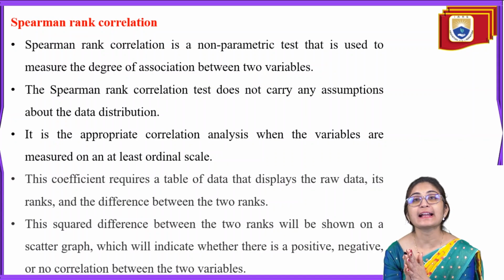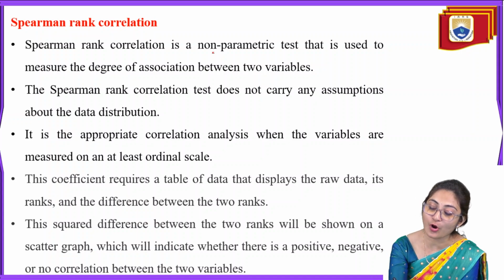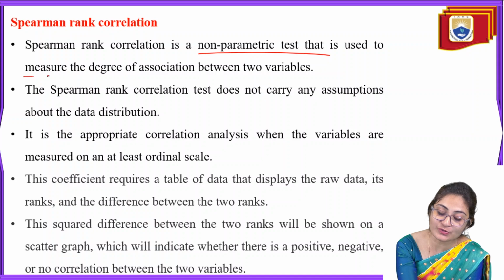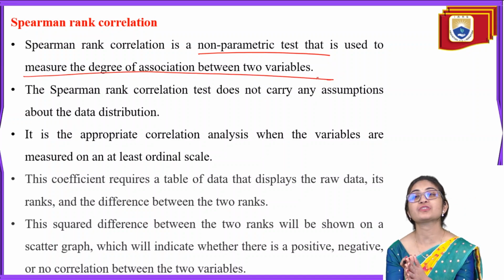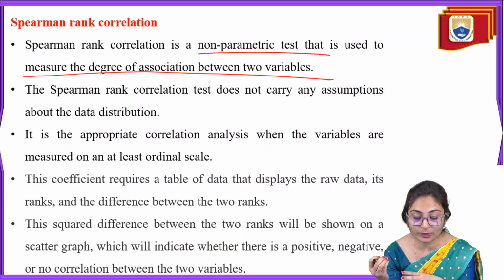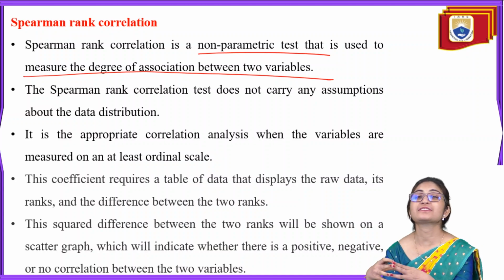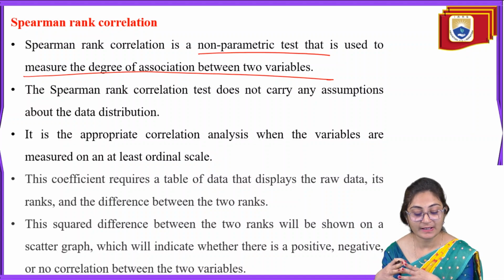Now Spearman rank correlation. The Spearman rank correlation is a non-parametric test that is used to measure the degree of association between two variables. It will show the degree of association between the two variables. The Spearman rank correlation test does not carry any assumptions about your data distribution.